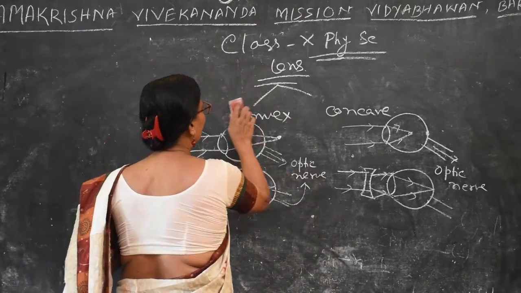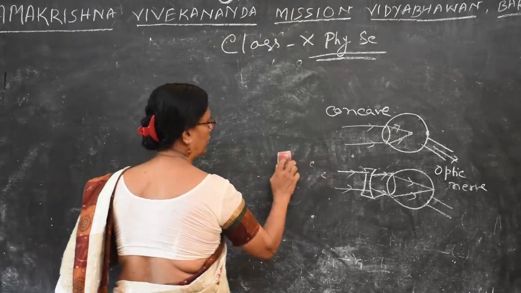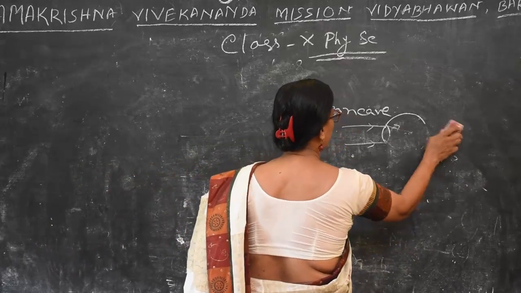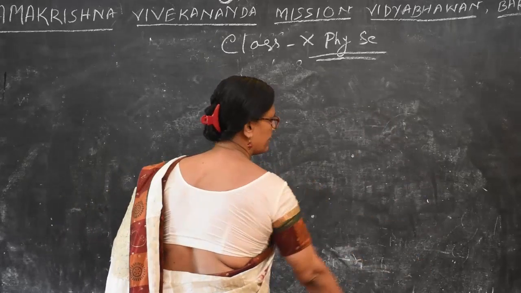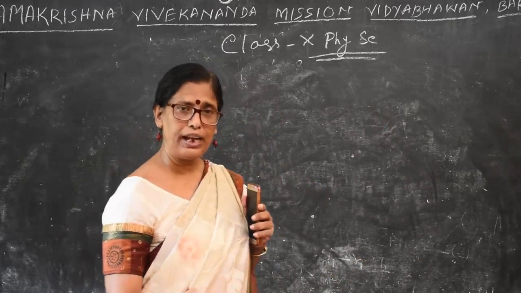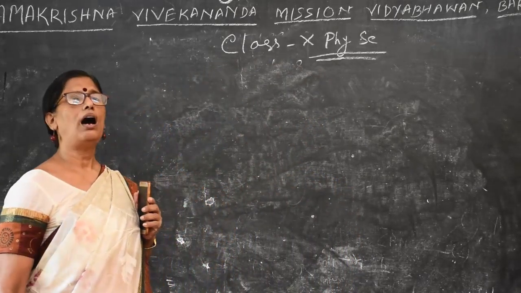So what is the main logic to build the image for an object? We first draw it. Before drawing, we first see this one. Every lens has a power. That power is directly related to its focus.